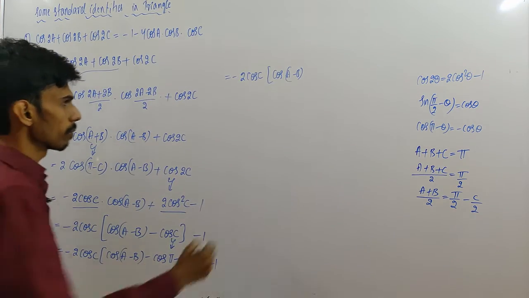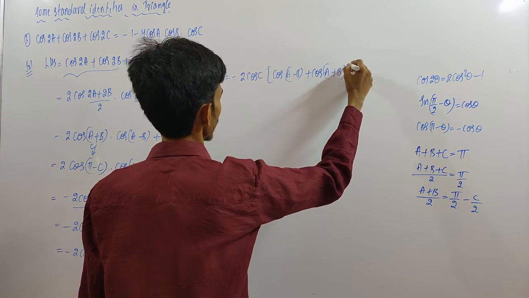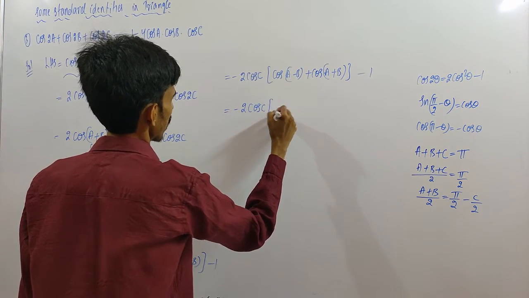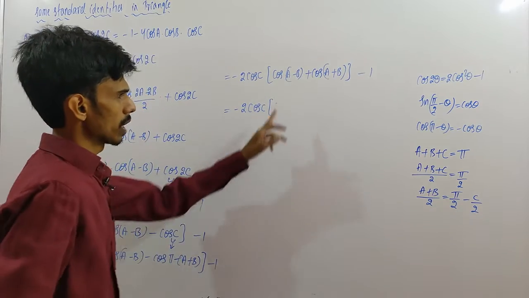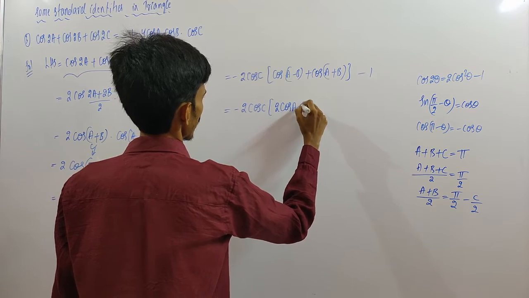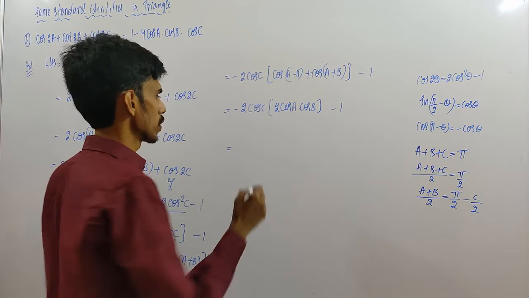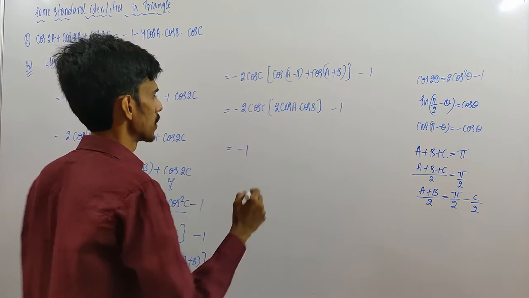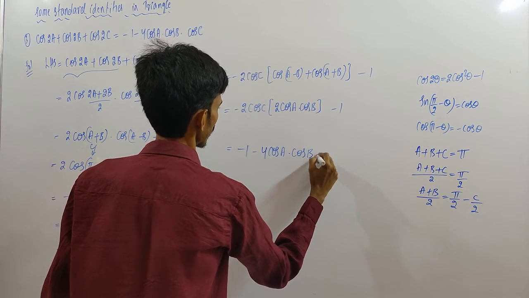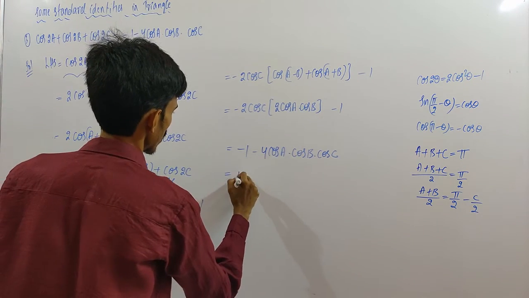Here we have minus, so it will become plus: cos(A+B) - 1. So -2 cos C [cos(A-B) + cos(A+B)] - 1, and cos(A-B) + cos(A+B) is 2 cos A cos B. So -2 cos C times 2 cos A cos B, minus 1. Write down this minus 1 first. Now 2 into 2 is 4: -1 - 4 cos A cos B cos C. We got the RHS.